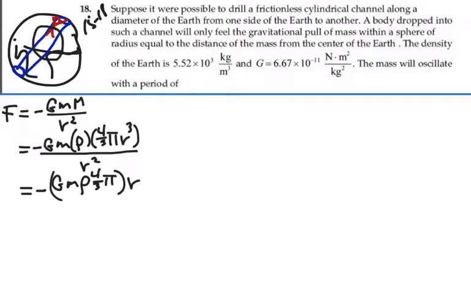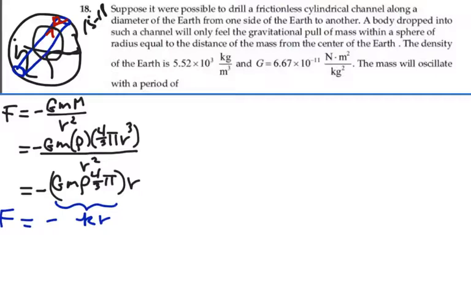G, mass, density rho, 4/3, and pi are all constants. So I can think of this as one big constant, k, times r. So essentially this force is equal to negative kr. That's Hooke's law, which describes the spring force.